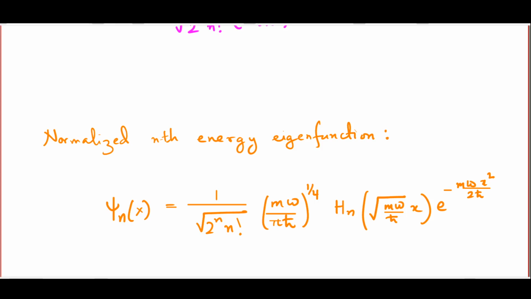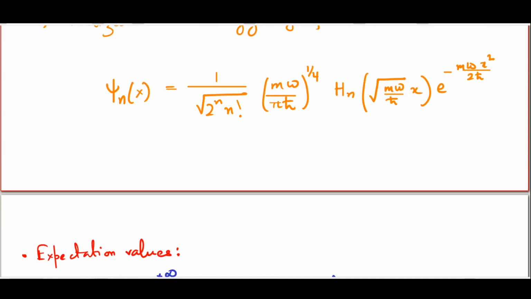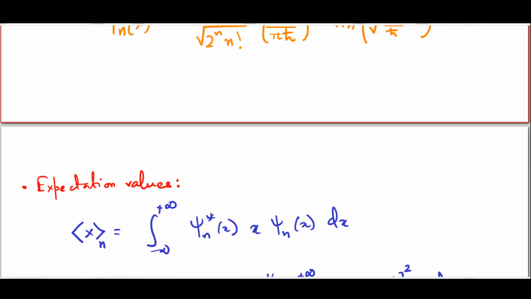Anyway, let's go ahead and try to first calculate the expectation value of x, which of course is nothing but the integral of psi n mod square x dx from minus infinity to plus infinity. Now, even without evaluating this integral, I know that this integral must vanish. Why? Because we know that the energy eigenfunctions have to be either even or odd, and in either case, psi n square has to be an even function.